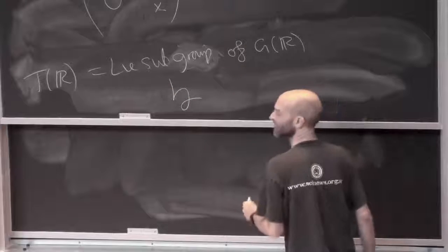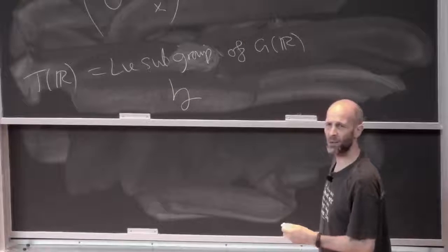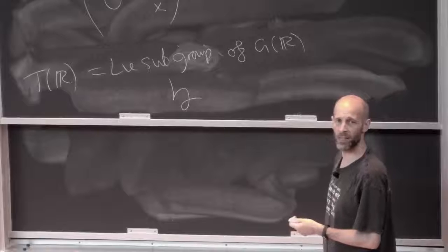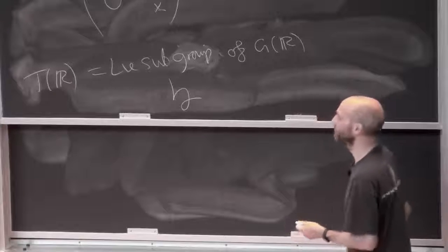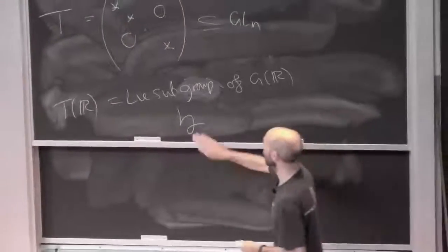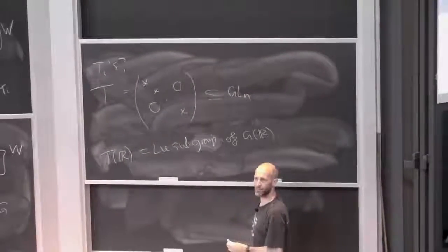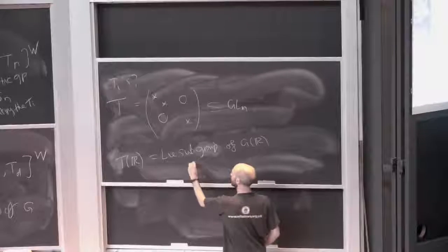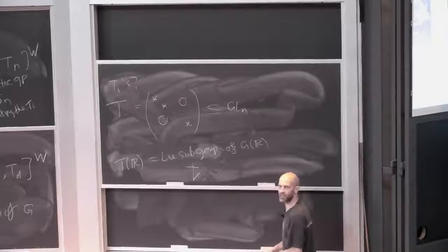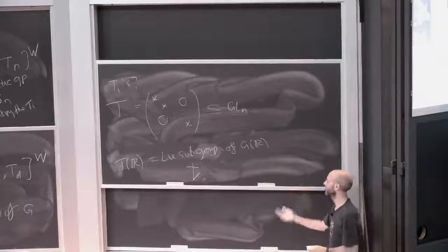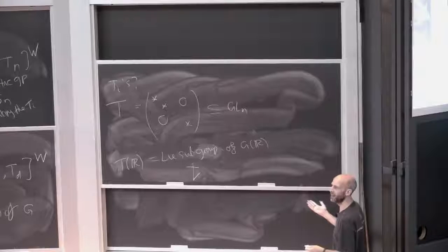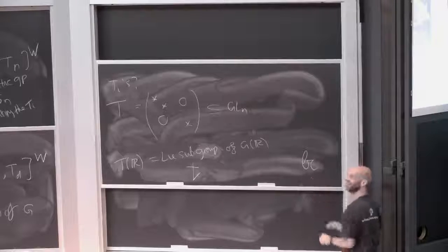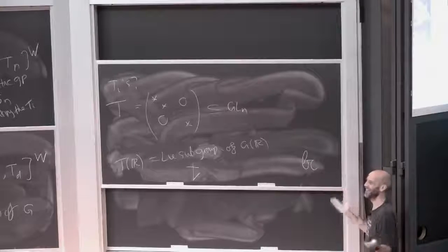And I think it's called H. I don't quite know. Isn't it called H? Why isn't it called T? Can I call it T? That would break with tradition. This H looks like the upper half plane. I'm going to call it T. When you see T, that looks like a really good name for the Lie algebra of T. The algebra of upper triangular matrices, that's B, yeah? I've never seen math practically. You have now.